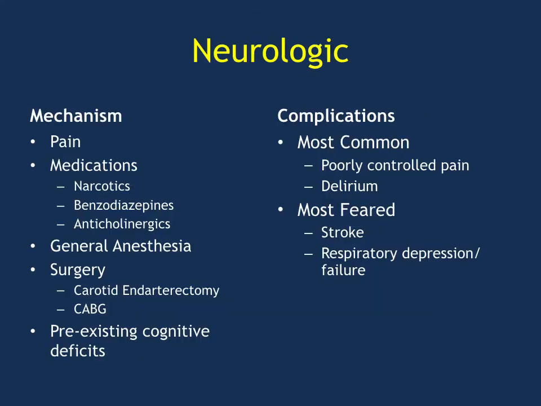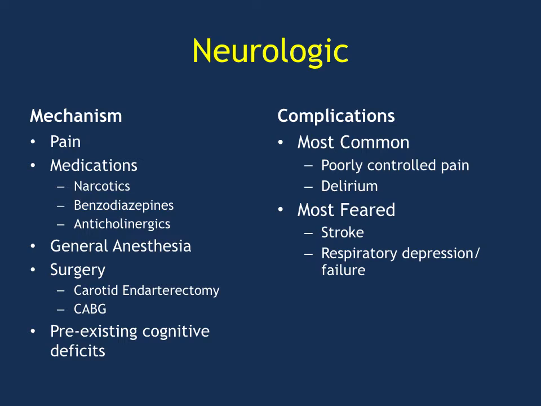Starting out with the neurologic system, what usually affects the neurologic system are pain related to the incision and the procedure itself, the medications that are used to treat the pain, as well as anxiety and other factors that can cause additional stress.